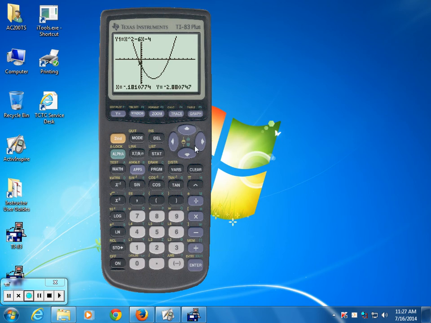Roughly, it looks like about right there. I got 0, -4. X-intercept on the left is -0.6. X-intercept on the right is 6.59 or 6.6.